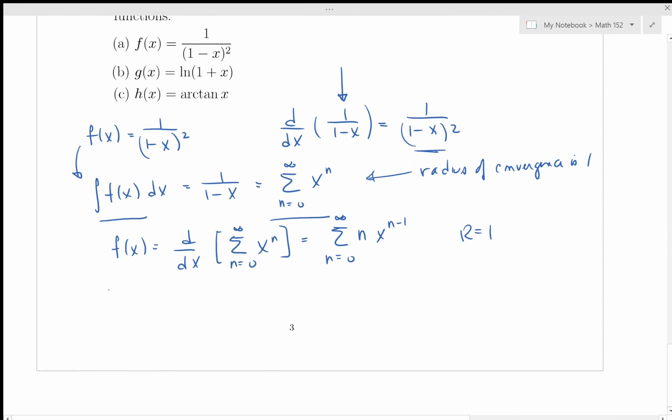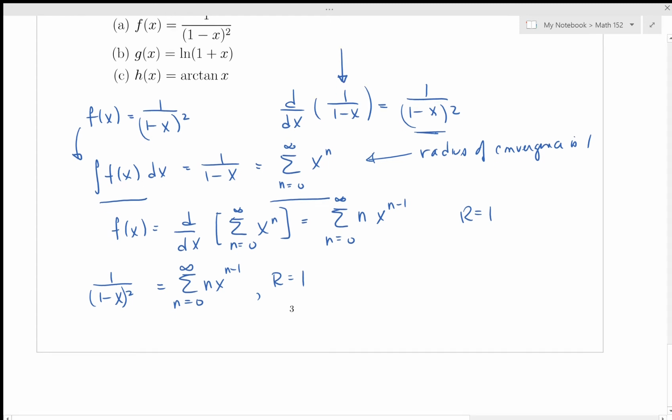What I'm saying is, by noticing this relationship between this function and 1 over 1 minus x, I can now tell that this is a power series representation for 1 over 1 minus x all squared, and that the radius of convergence for that is 1. Okay, it takes a certain amount of thought, a certain amount of seeing the relationship between series that you know and ones that you've seen before.